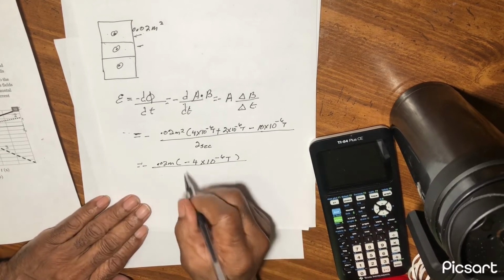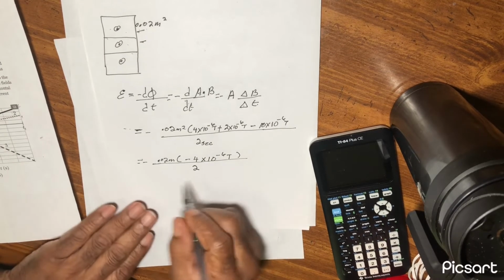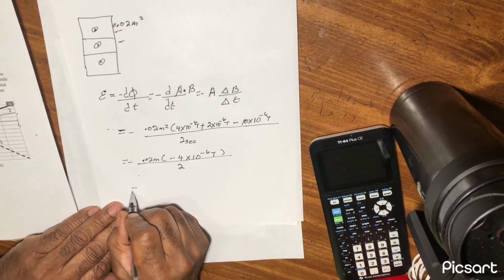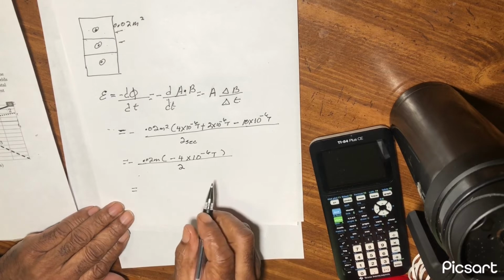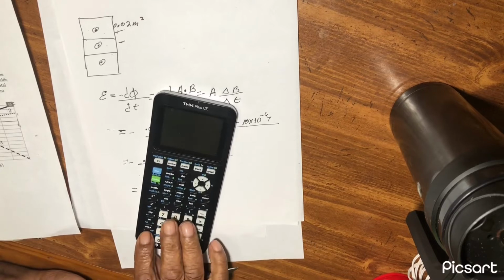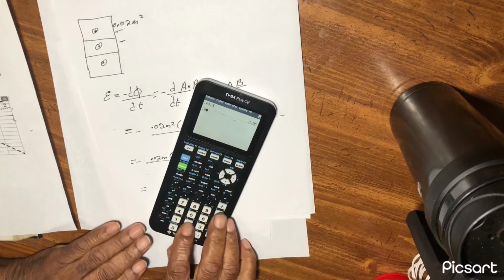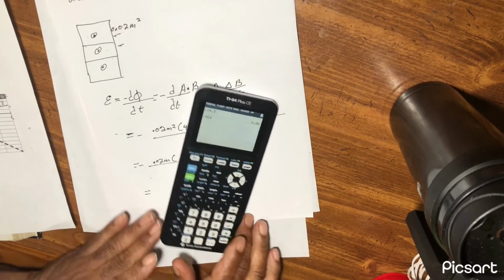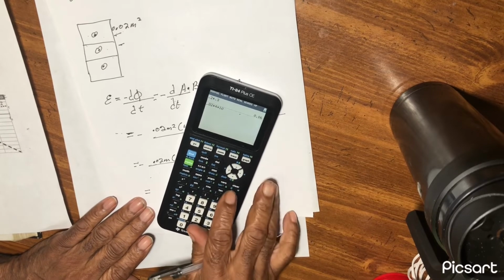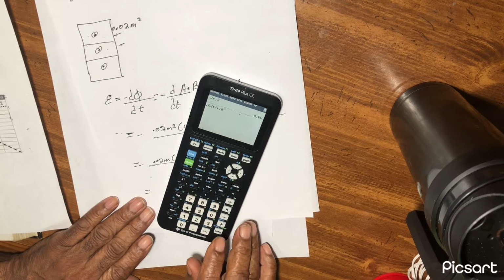That's all divided by T. So when we do the math on this, we're going to have 0.02 times 4 times 10 to the minus 6.